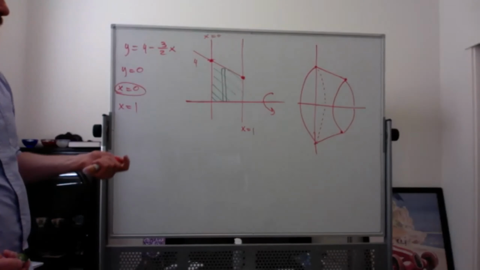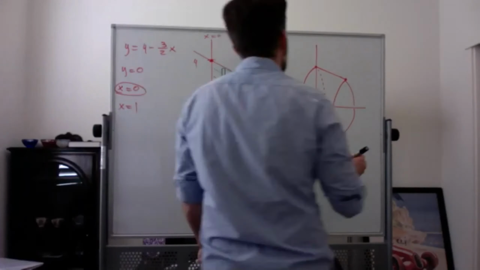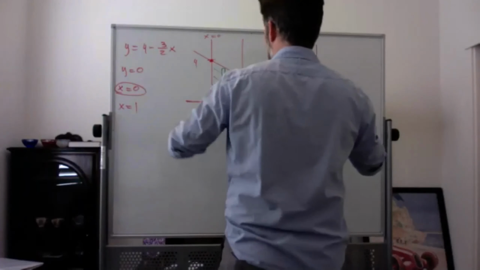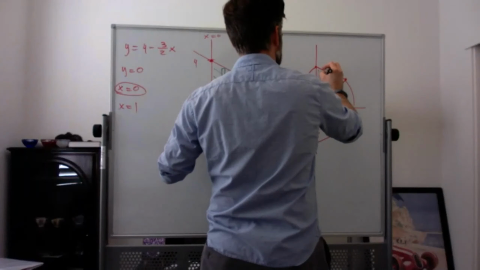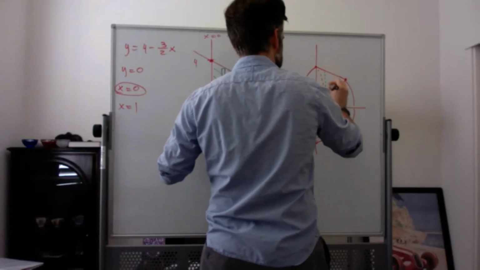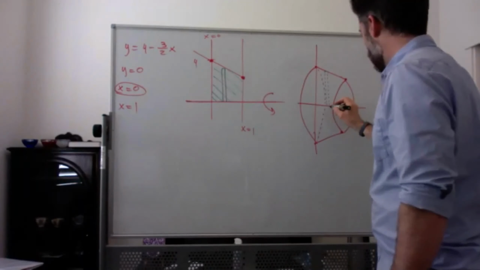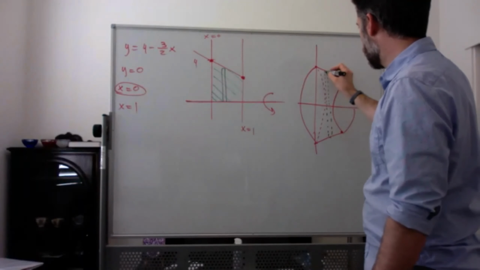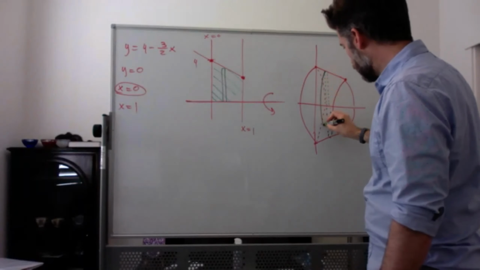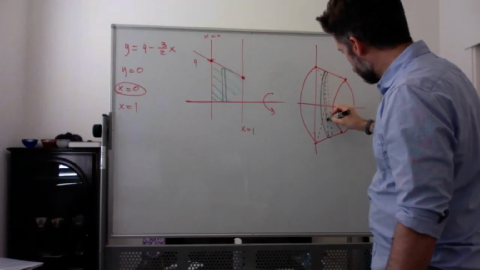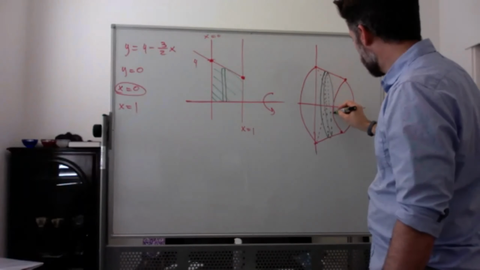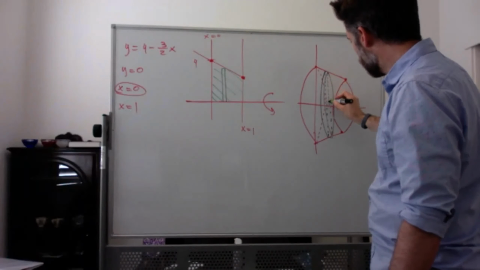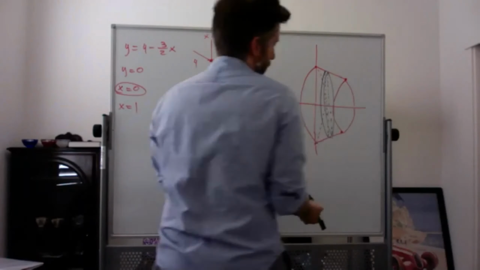And here's what happens when I rotate that strip around my x-axis. Well, it's going to kind of do this. And the shape I get is a disc.